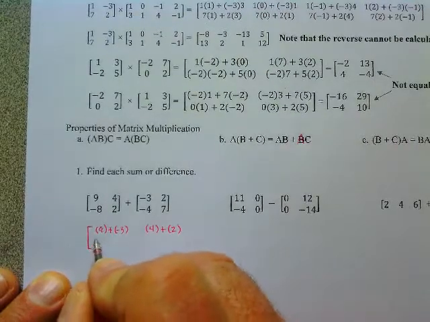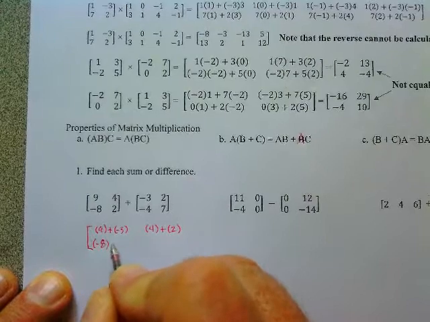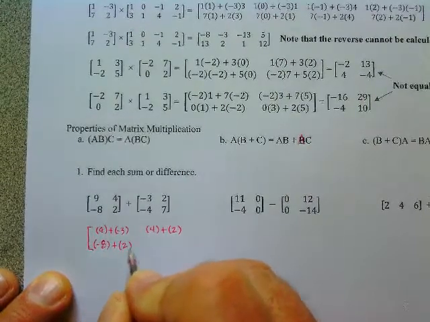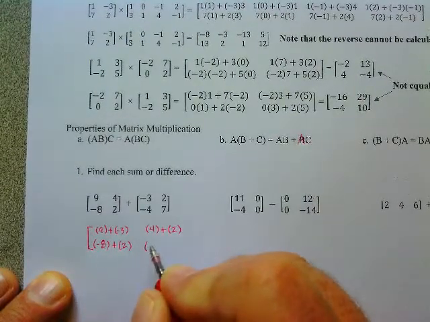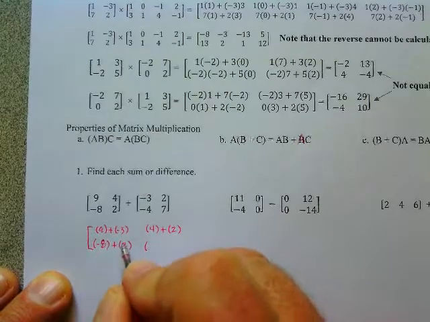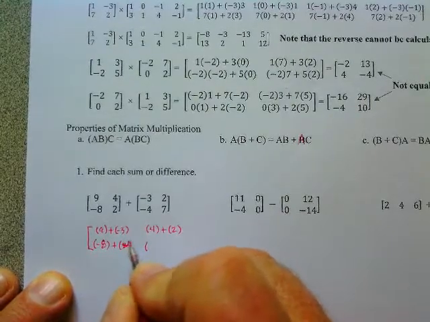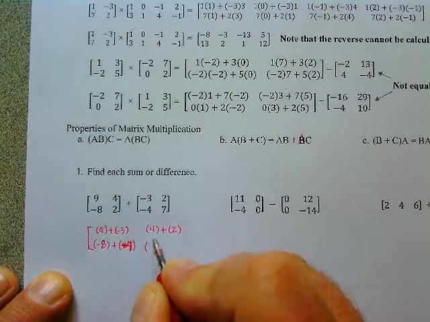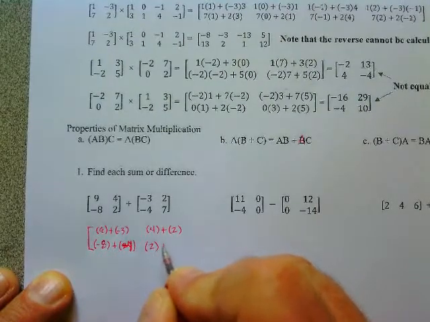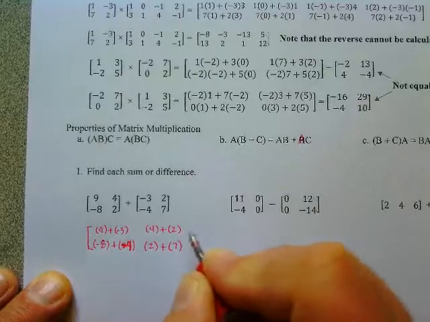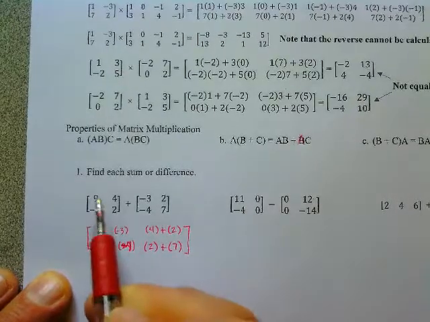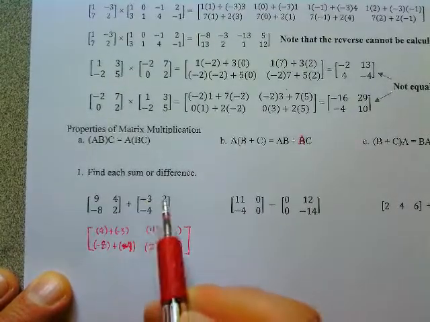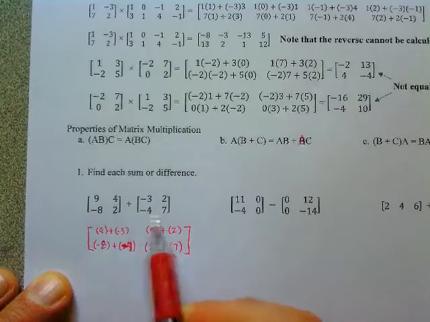Down here, the negative 8 plus the 2. And then over here, oh, excuse me, this is the negative 4. Yep, got to keep it straight. And then over here, 2 plus the 7. So again, here with this one with that one, negative 8, negative 4, 2, and 7.